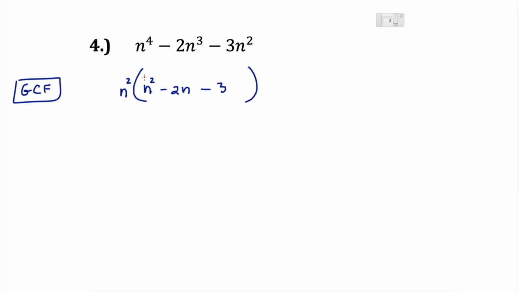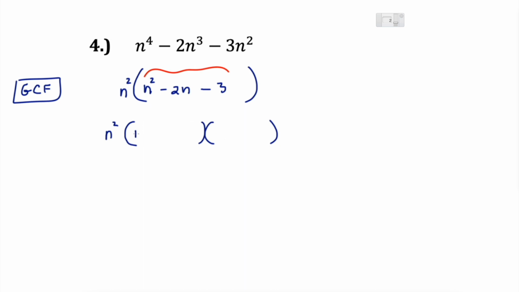So now we have this trinomial, and we want to look at it and think, can this be further factored? And it can. We can now take the n squared still over here, but now we can take this trinomial and break it down into 2 binomials. So we're thinking first term here has to give us n squared.